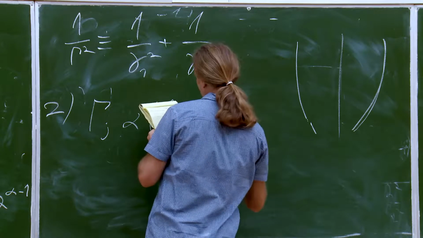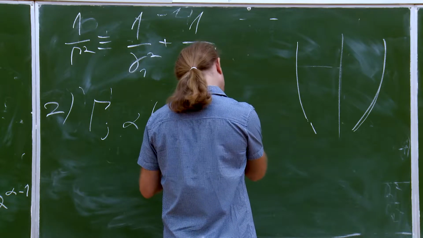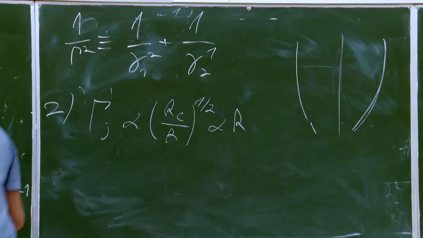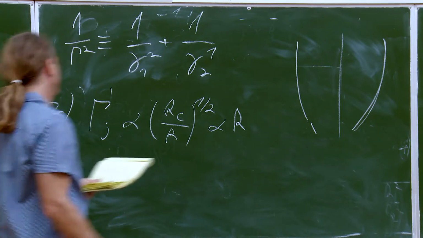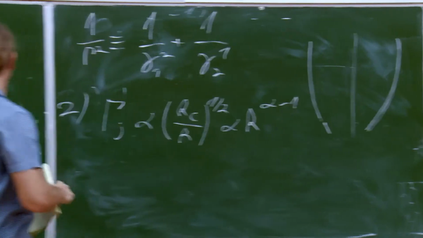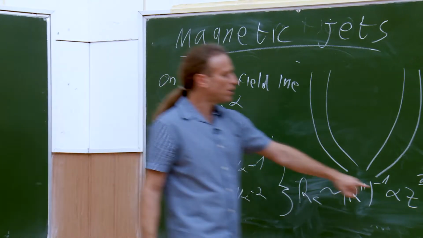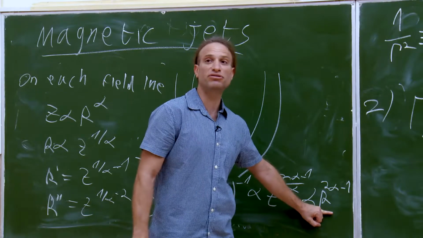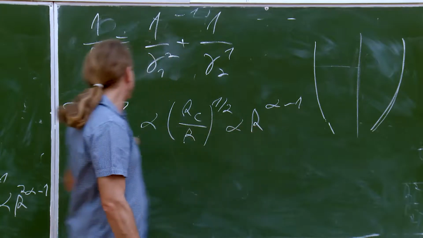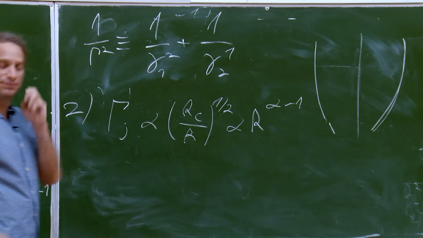And this is proportional to R, wait, this is 2 alpha, R to the power of alpha minus 1. Okay? All I did is I substituted what the curvature radius means. I wrote it as a function of R, and I put it in this expression, and I got the dependency of gamma as a function of R, knowing alpha. Okay?